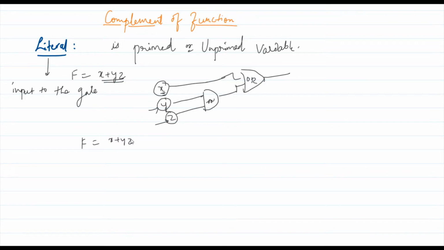The complement of a function f is f dash, or you can call it f prime or f bar. This complement of a function is obtained from an interchange of zeros for ones and ones for zeros in the value of f prime. I will show you how it will be.